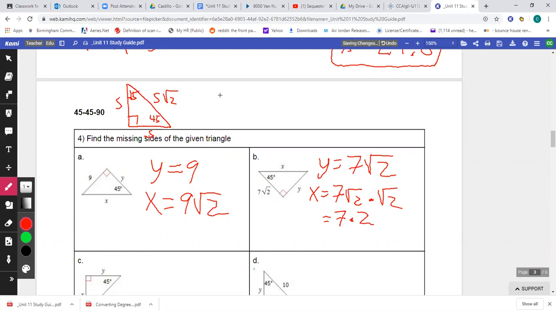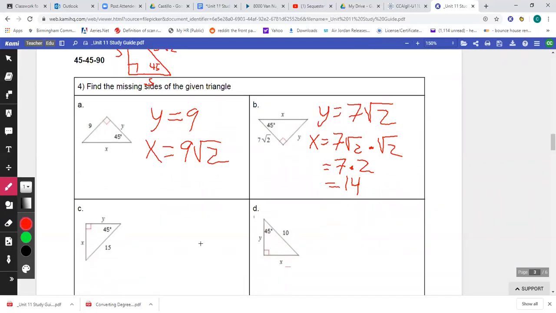So 7 times 2 is 14. Once again, you take your leg, which is 7 root 2, multiply it by root 2, and you get 7 times 2, which is 14.